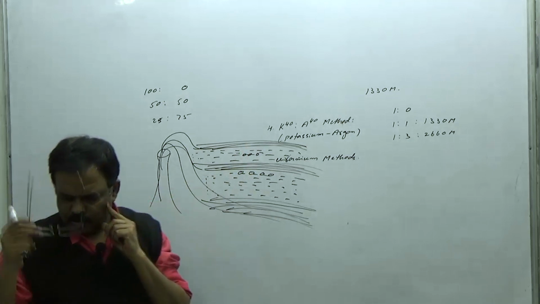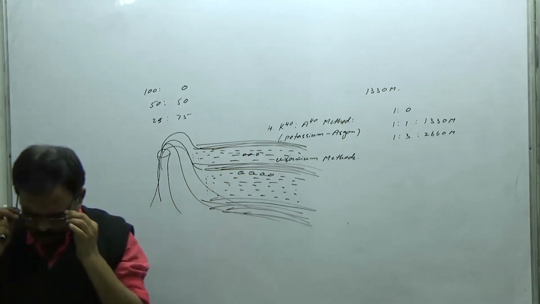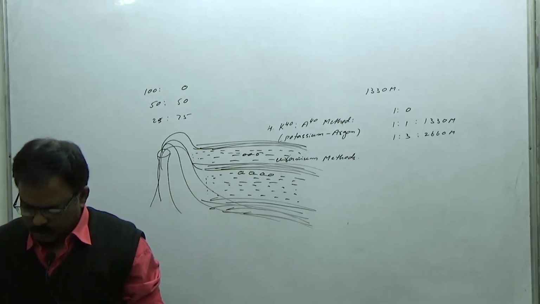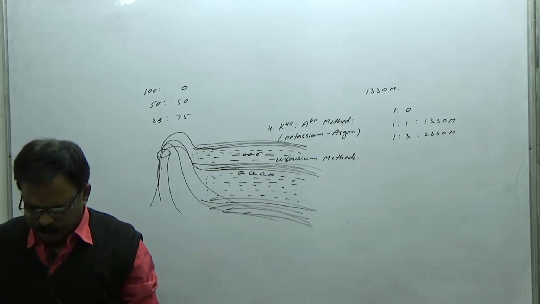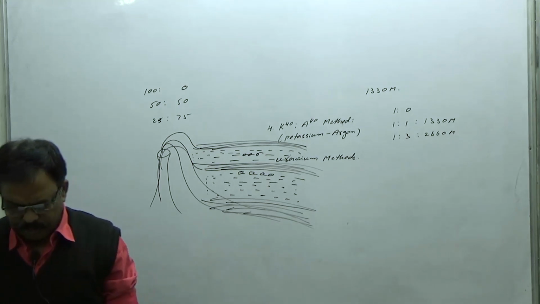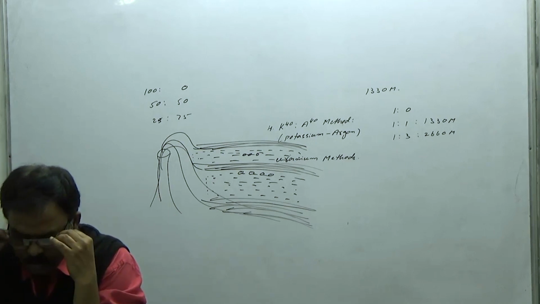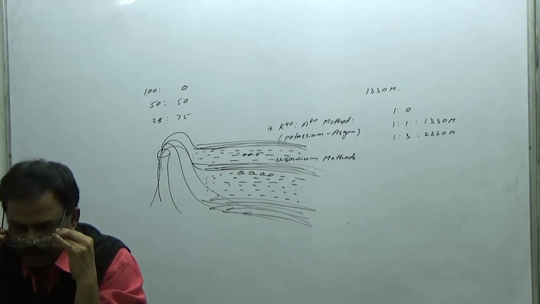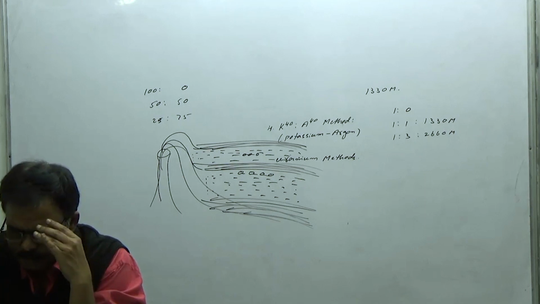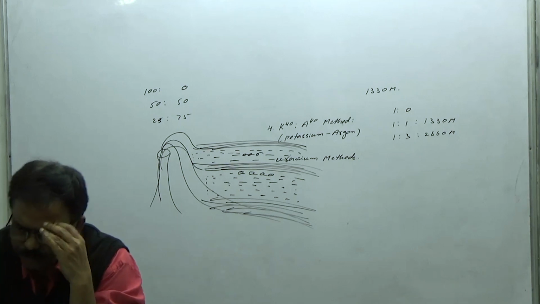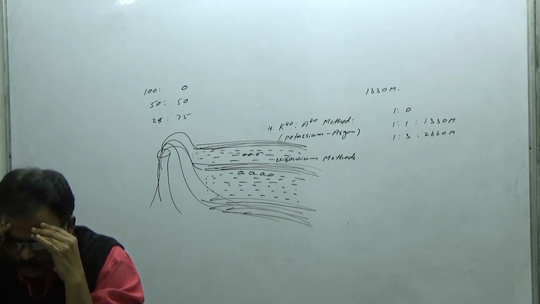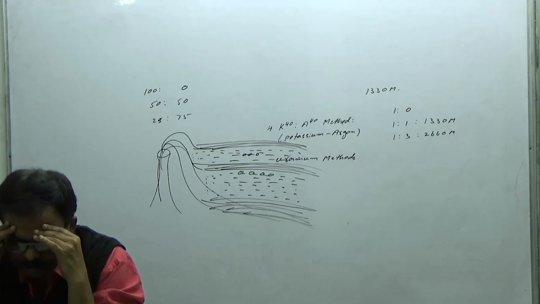Write that one. Potassium and argon method. The potassium argon method is based on volcanic eruption or volcanic lava.